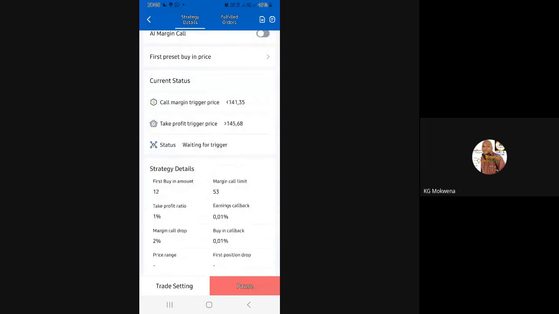We can see that margin call drop there, it's 2%. And we can also see it a little bit up there below current status. Information there is that call margin trigger price is $141.35.